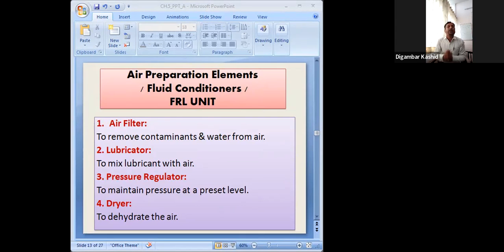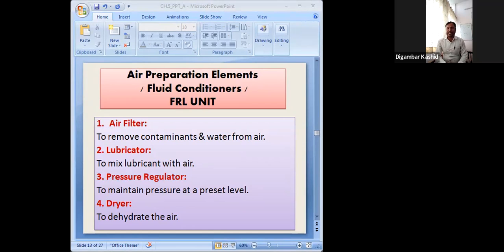Now here I have used one word: the FRL unit is used to condition the compressed air before it goes into various pneumatic components of the pneumatic system. What is meant by conditioning? Conditioning means filtering, regulating, and lubricating. For that, we will discuss one by one.